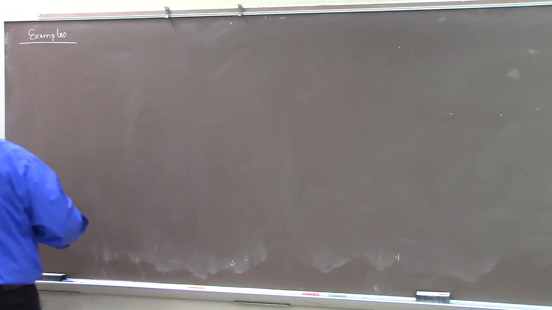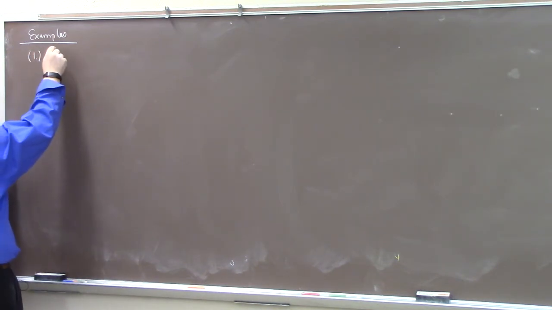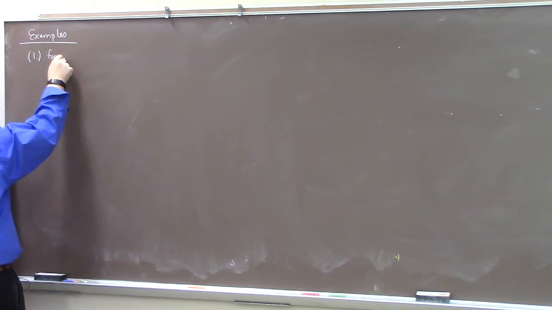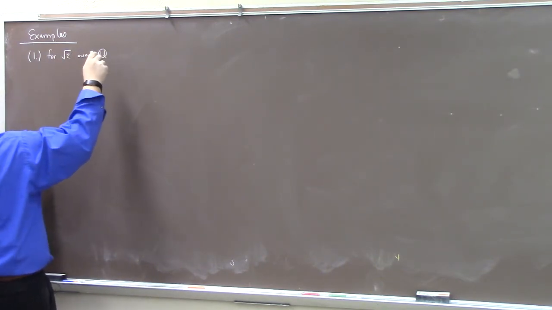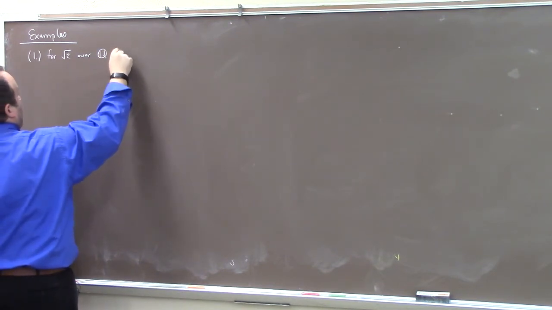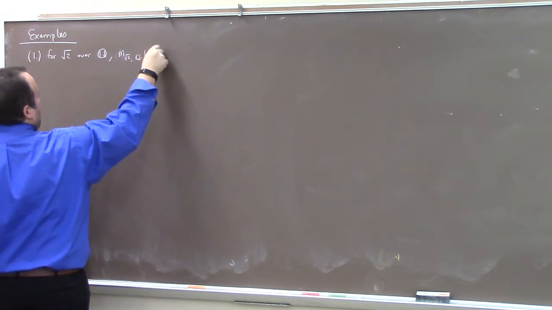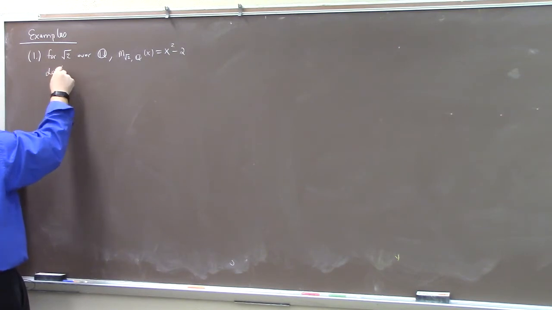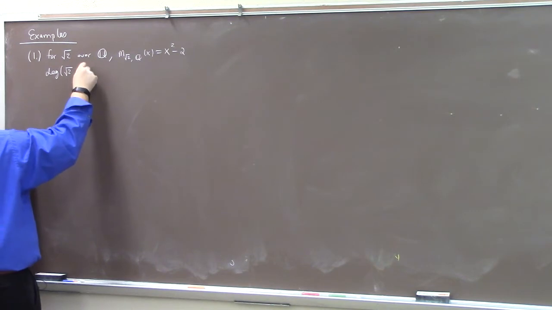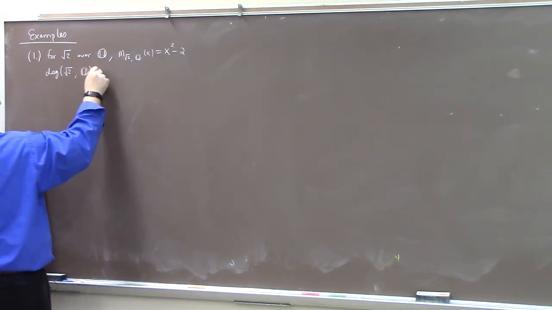See, I already did. So I'll just write it again here for completeness. For square root of 2 over the rationals, we have the minimal polynomial of square root of 2 over Q is x squared minus 2. So the degree of the square root of 2 over Q, right, is 2.